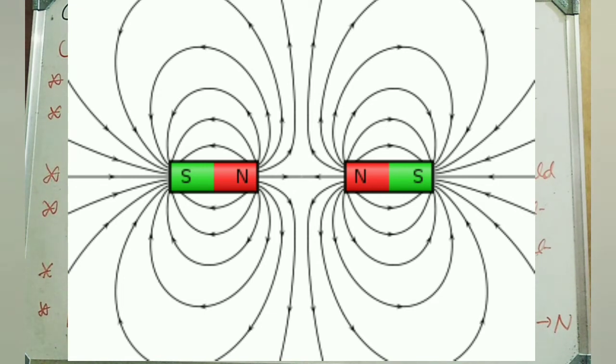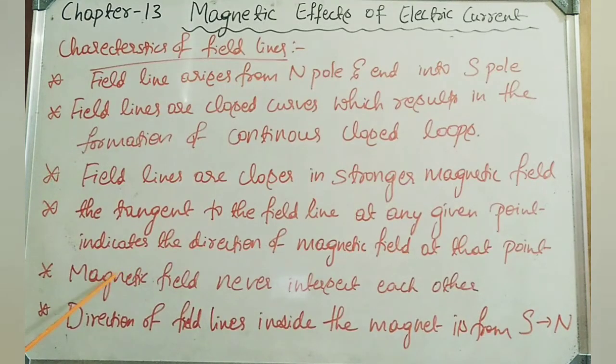The lines do not intersect each other. Why? Because if two lines intersect, there must be two north directions, which is not possible. Therefore, magnetic field lines never intersect each other. See, for this point they may ask you to give a reason why magnetic field lines never intersect.